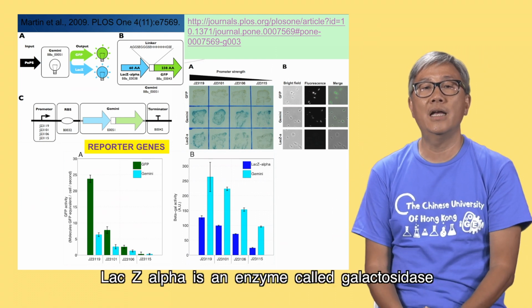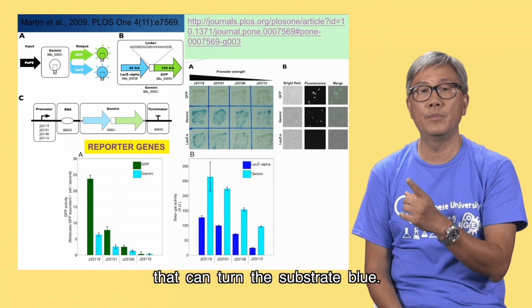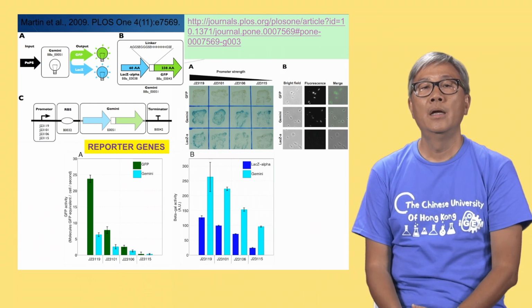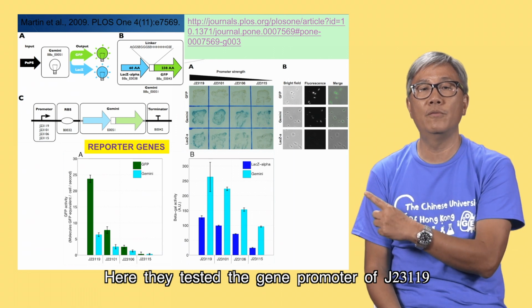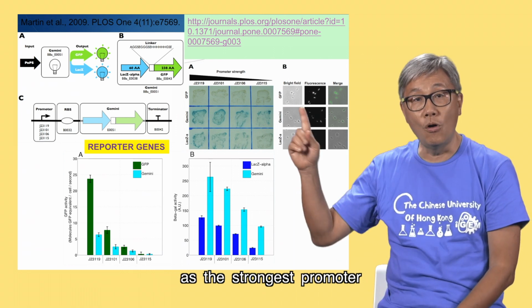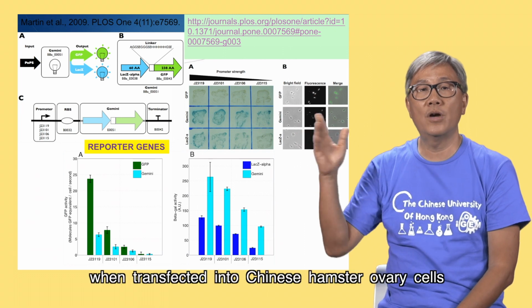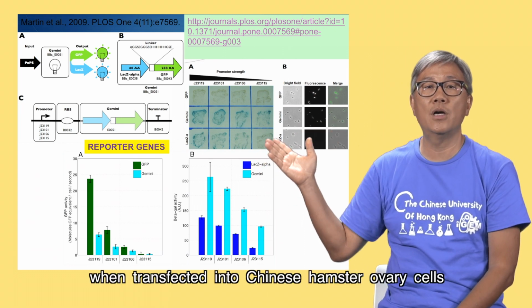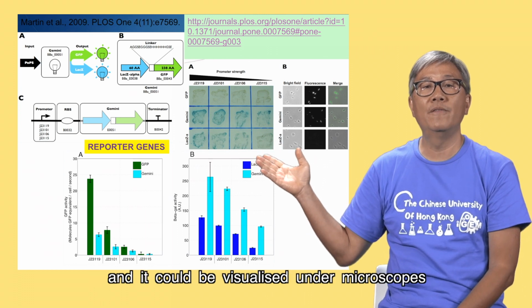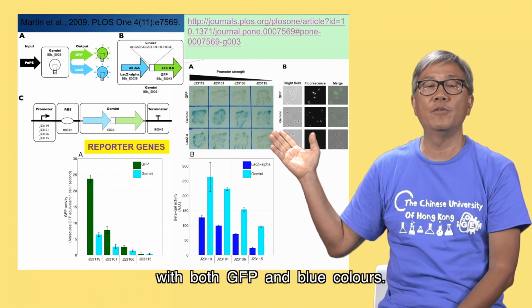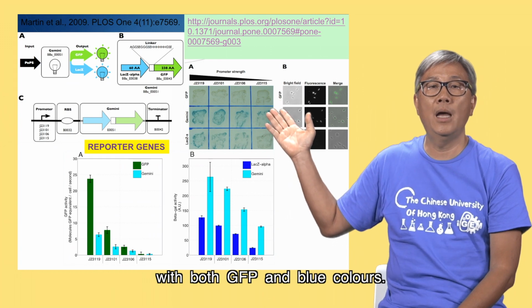LacZ alpha is an enzyme called galactosidase that can turn the substrate blue. Here they test the gene promoter J23119 as the strongest promoter when transfected into Chinese hamster ovary cells, or CHO cells, and it could be visualized under microscopes with both GFP and blue colors.